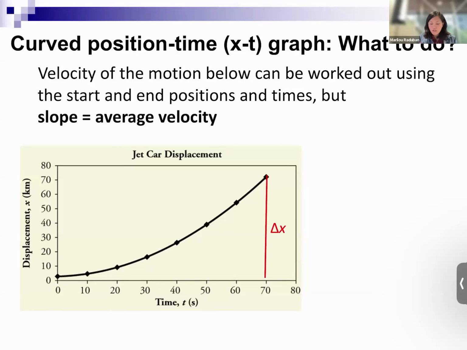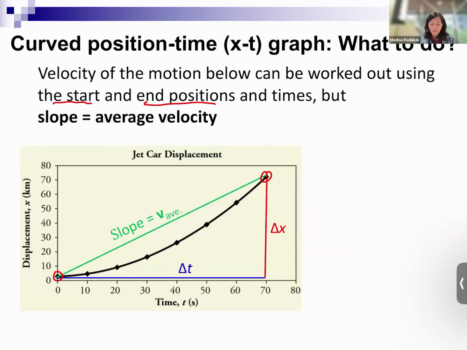But in this case, you need to get 2 points in your curved graph. Those 2 points will serve as the start and end points of the motion. For example, these 2 points here will allow you to calculate the change in position, which is the displacement between these 2 points, and the time interval delta t.